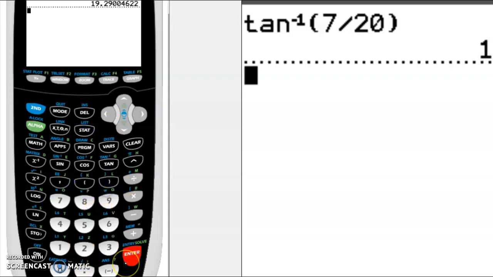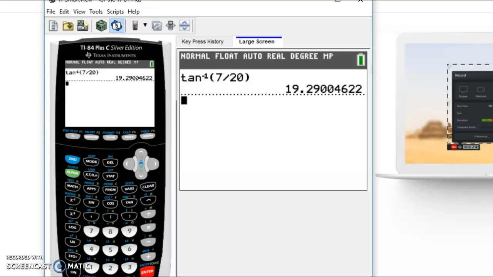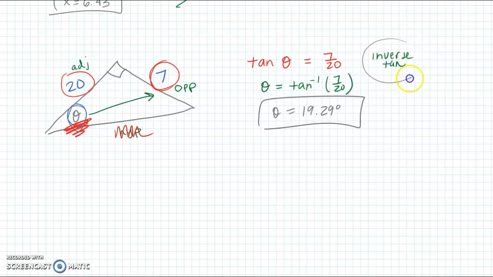Close your parentheses, you enter, and you get 19.29. So your angle theta measures 19.29 degrees. So again, the key thing here is whenever you want to find an angle, you have to do the inverse of your trig function.